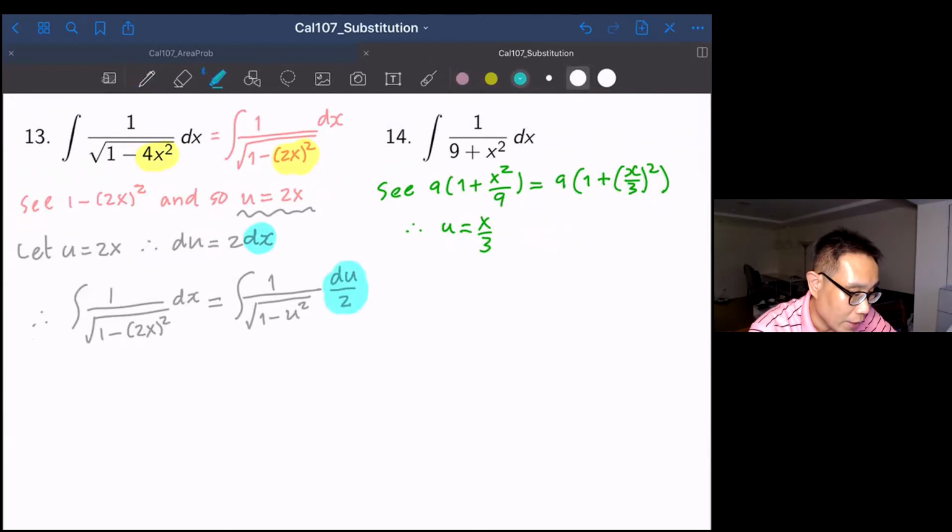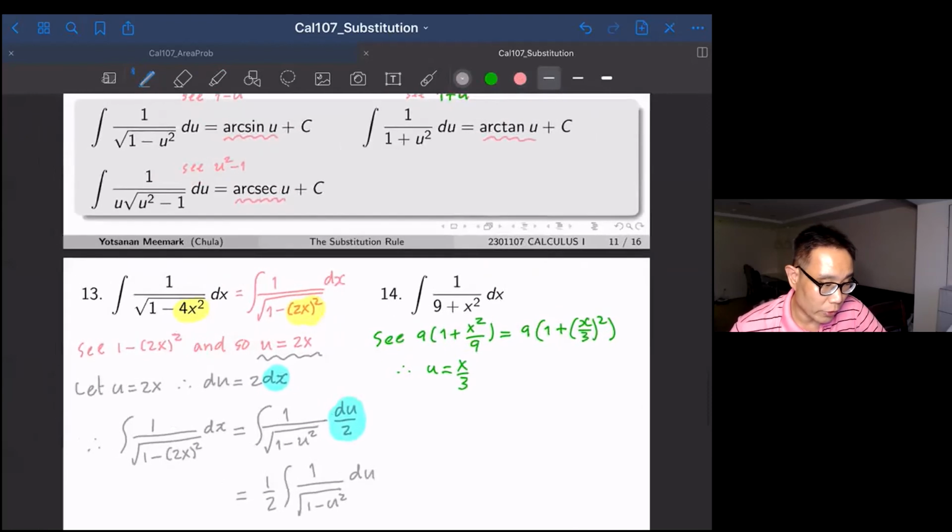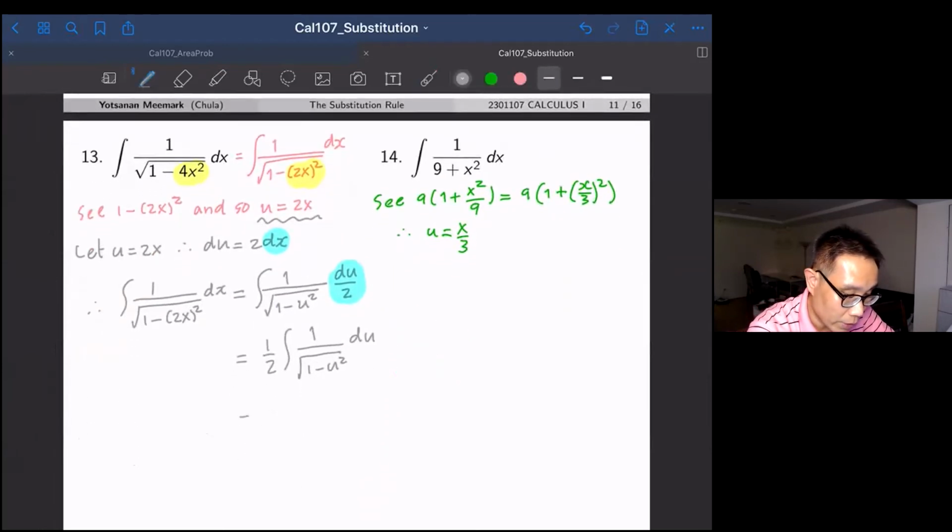So it's going to be 1/2 times the integral of 1 over the square root of 1 minus u squared du. I want you to see the previous page. This is exactly the formula that we have. The integral of 1 over the square root of 1 minus u squared du gives you arcsine u, so this will be just 1/2 arcsine u.